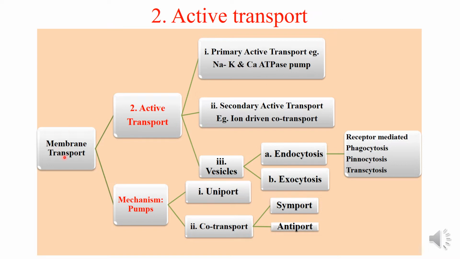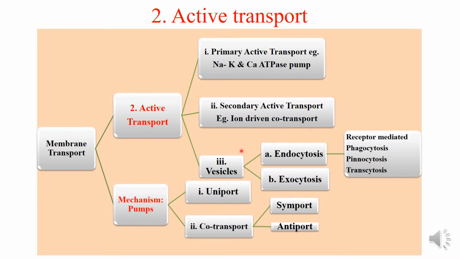Now, as you know that membrane transport is of active and passive type. So the active transport is of primary and secondary type. The examples of primary active transport are sodium, potassium, and calcium ATPase, whereas the example of secondary active transport is ion driven co-transport.